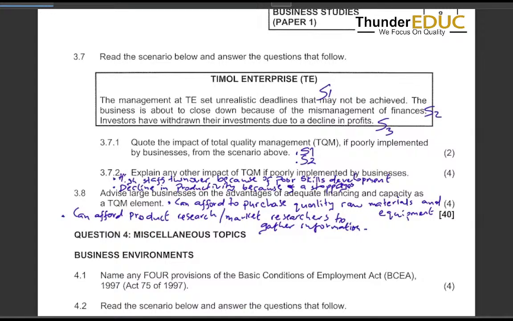So we are saying that it can afford to purchase quality raw materials and equipment, and also can afford product research or market researchers can gather needed information. Okay, thank you very much, grade 12s.